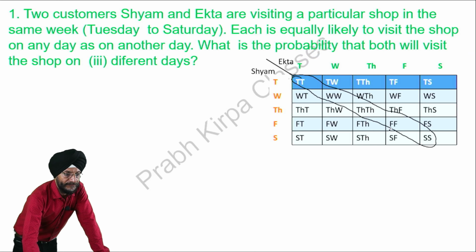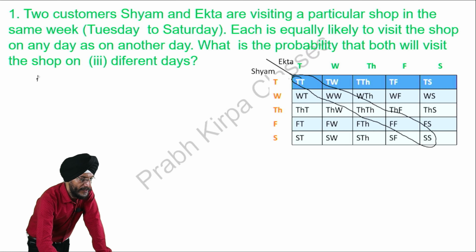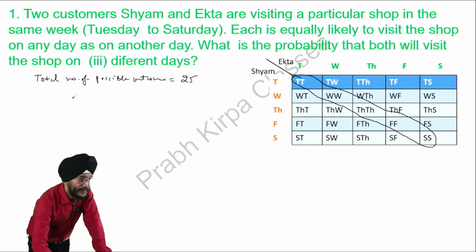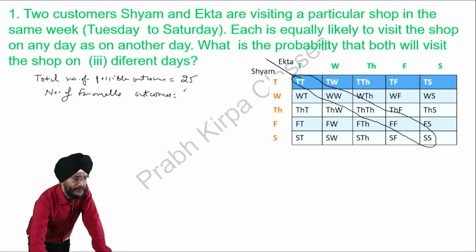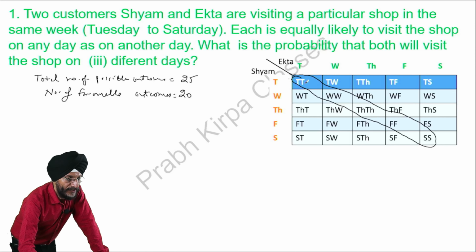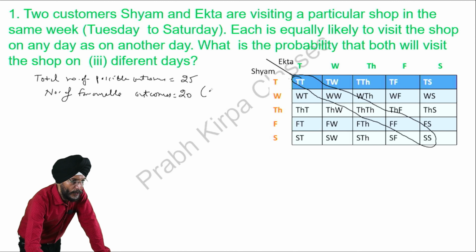All are different days. So we can solve it as total number of possible outcomes as 25. Number of favorable outcomes, we can write it as 20, because we will reduce the 25 minus 5 same days.